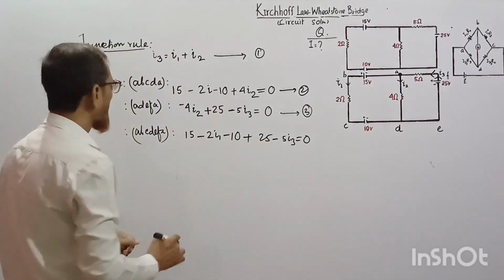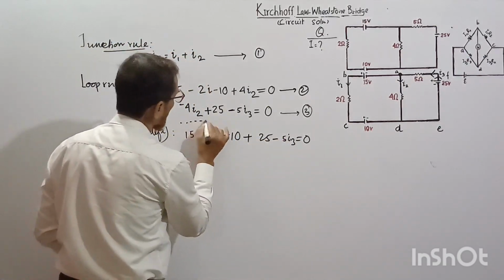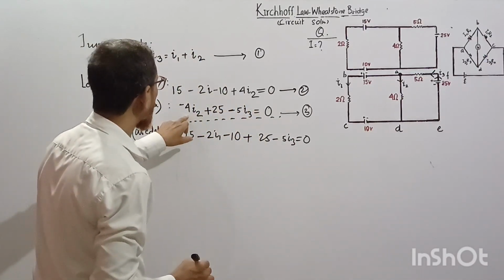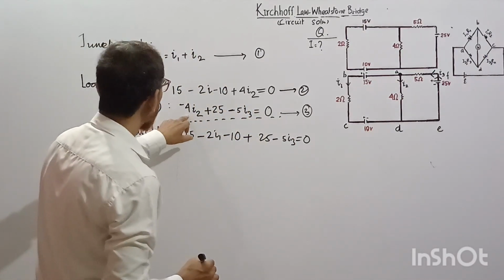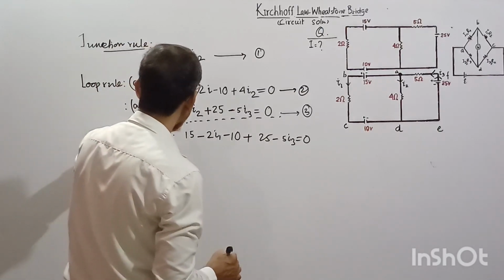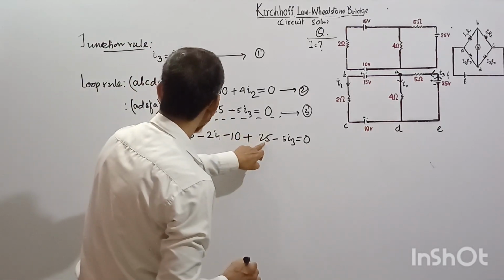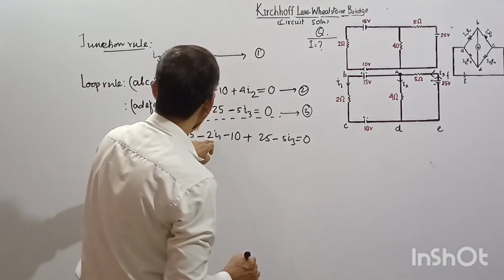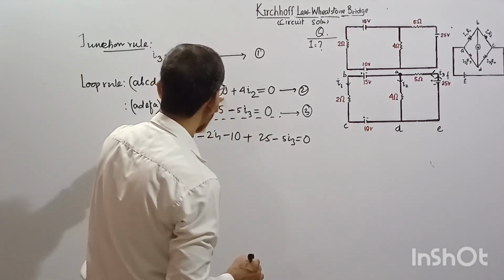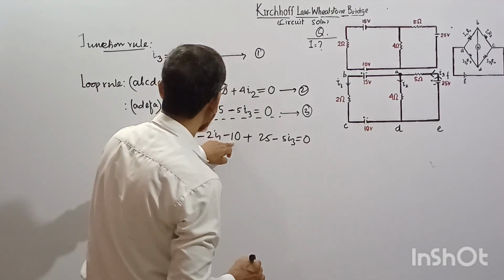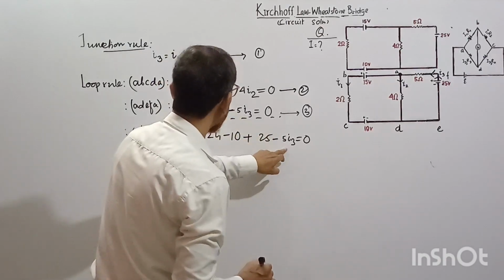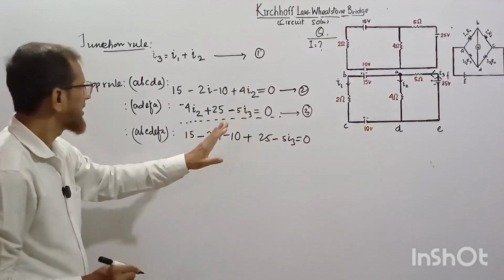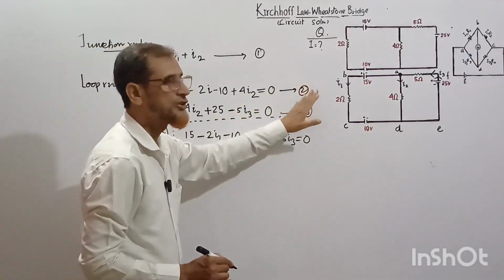Now you see one thing, if you add up these two, these two cancel out, and you are getting 15 plus 25 minus 2 I1 minus 10 minus 5 I3. That is, the last loop which we have considered is nothing but the sum total of these two.